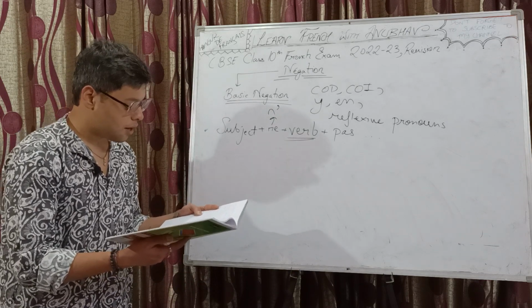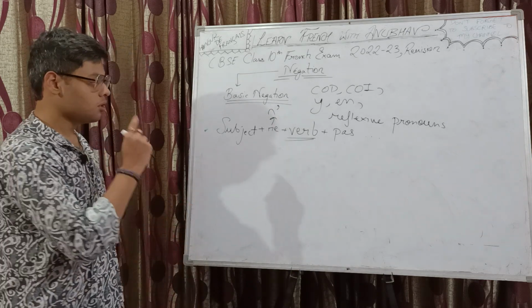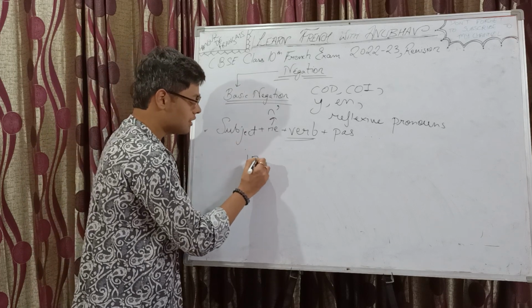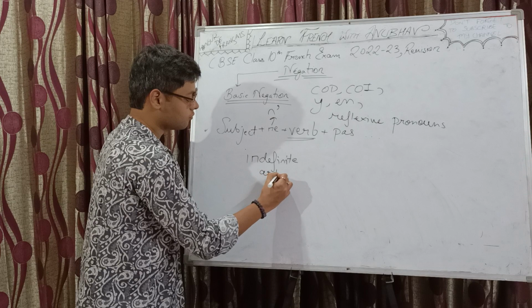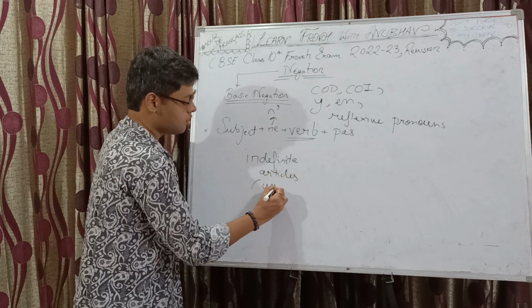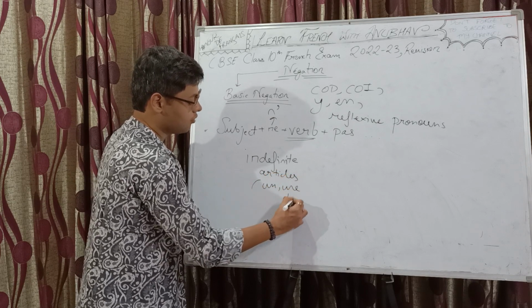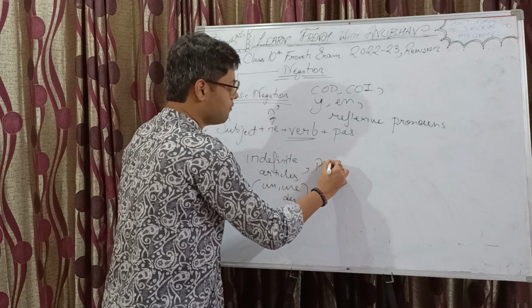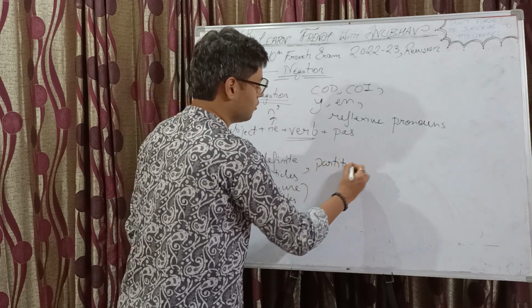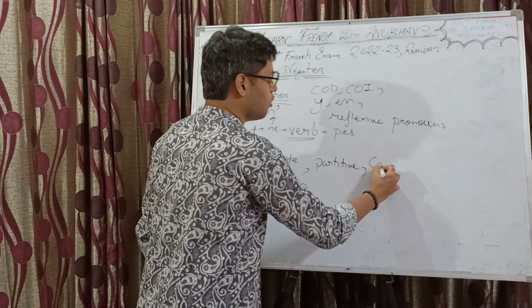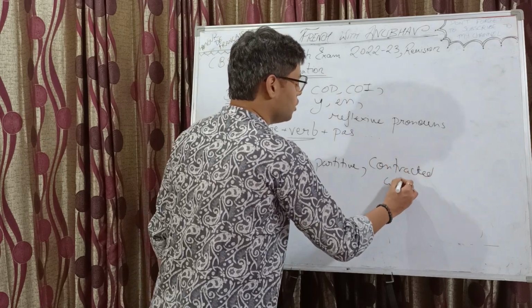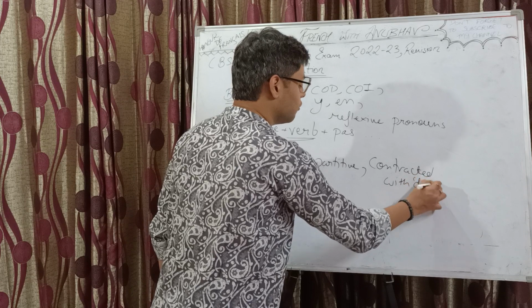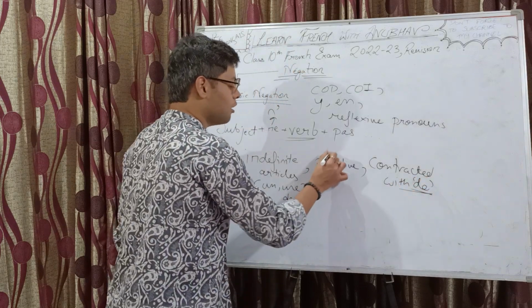Right. Now, one more thing to be discussed: indefinite articles, partitive articles, and you can even talk about contracted articles with du, de la. Well, these are more or less the same.